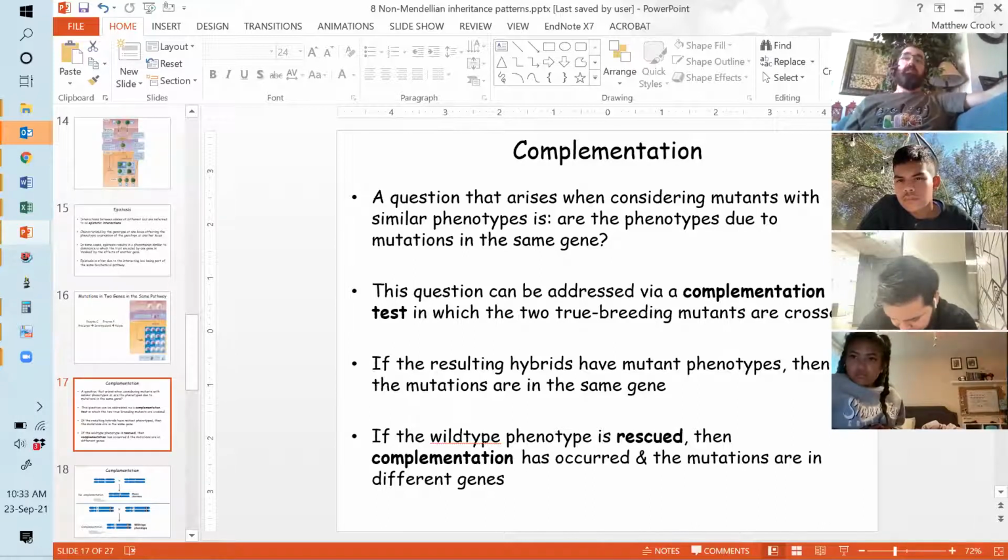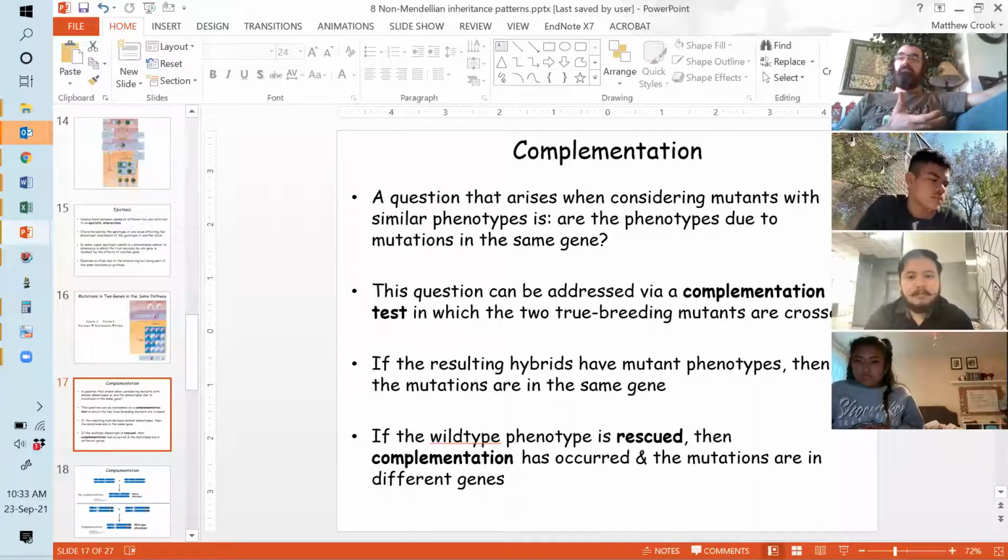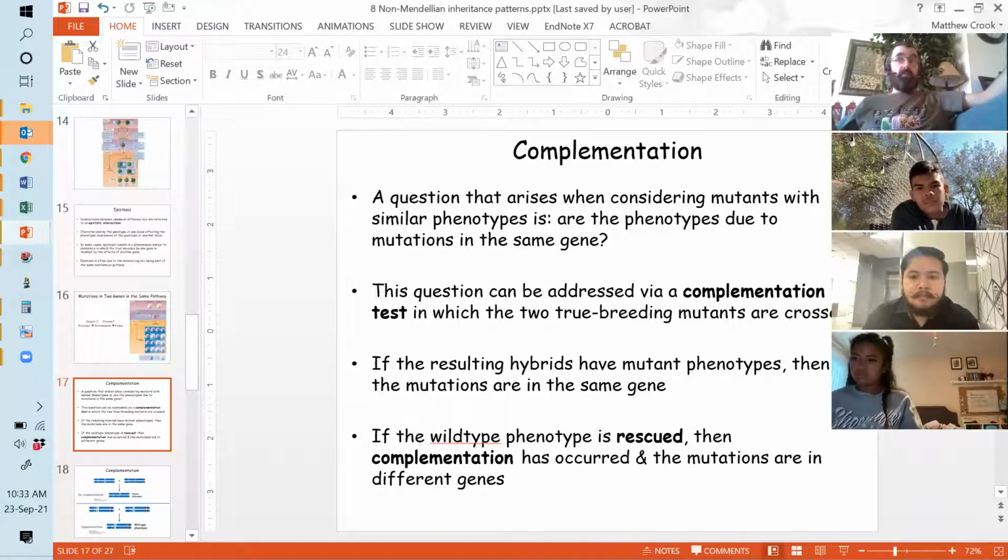Because again, think about the context that we were looking at in epistasis. These processes that we're looking at are most likely the result of multiple steps, pathways. So if you do a mutagenesis screen, what you're hoping to end up with is mutations in lots of different genes that are all involved in the same process.